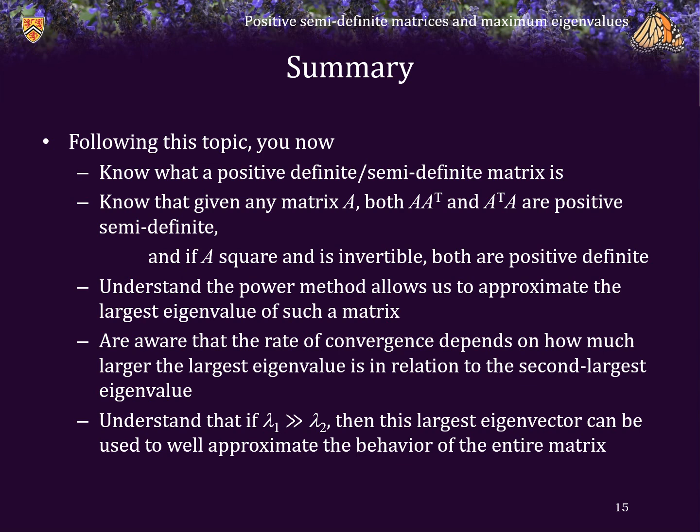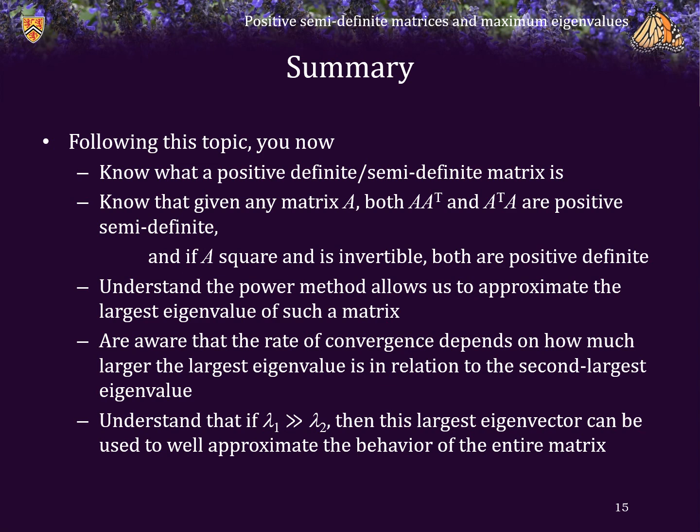And if A is square and invertible, then both are positive definite. You understand the power method allows us to approximate the largest eigenvalue of such a matrix, and as a bonus, we also get an approximation of the corresponding eigenvector.